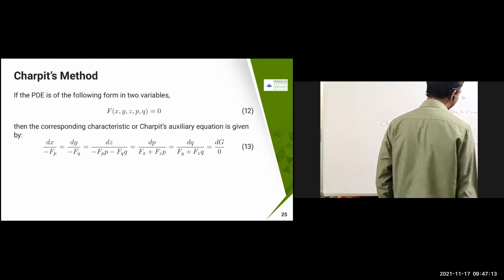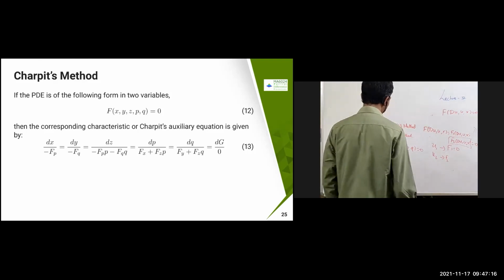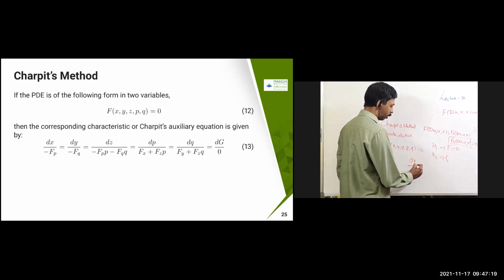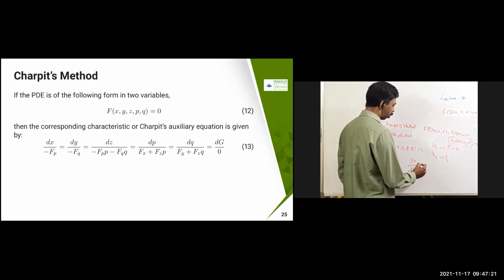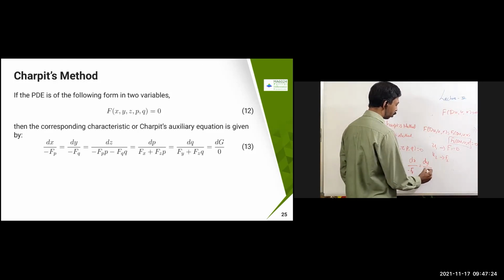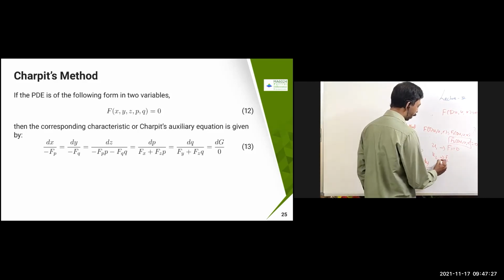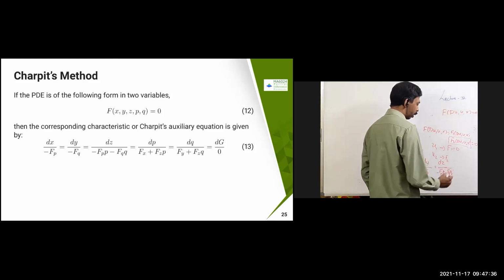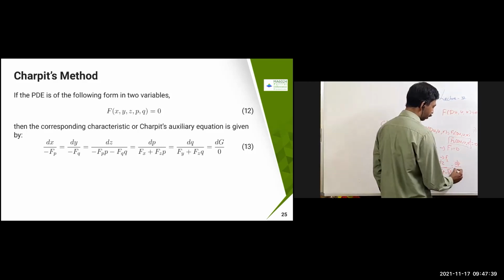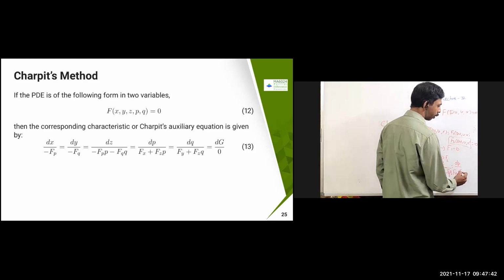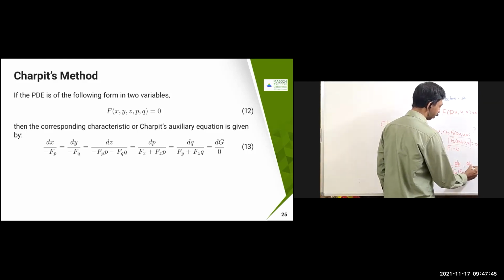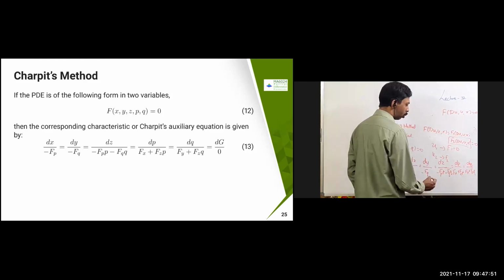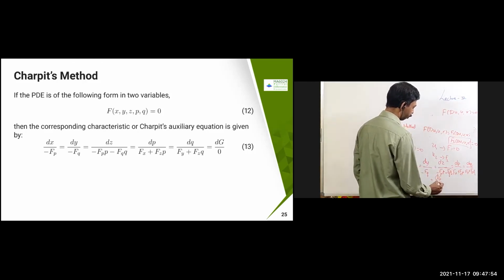Then the corresponding characteristic or Charpit's auxiliary equation, what you can write is dx by minus fp equal to dy by minus fq equal to dz by minus p fp minus q fq, equal to dp by fx plus fz p, equal to dq by fy plus fz q, equal to dt by 0.